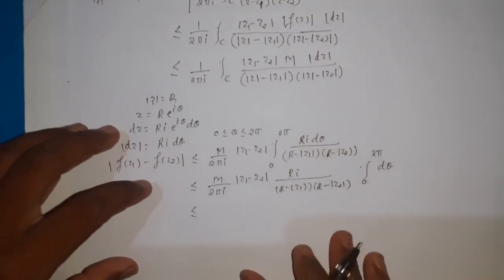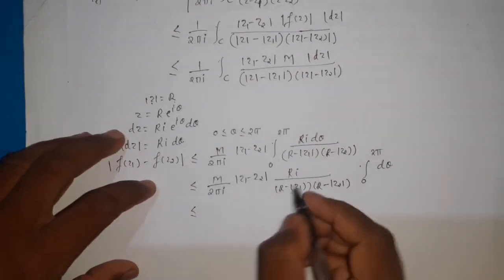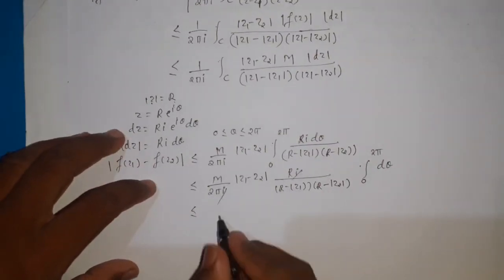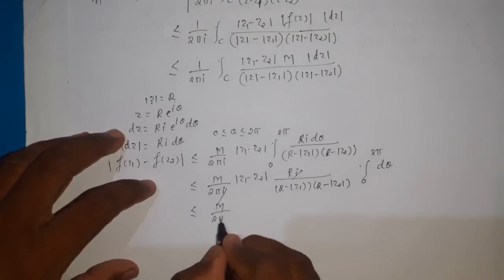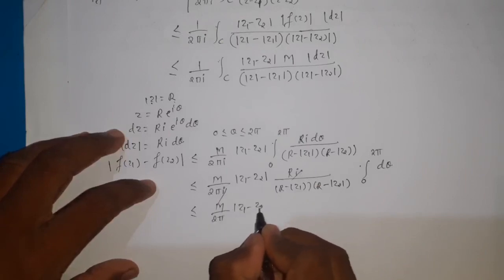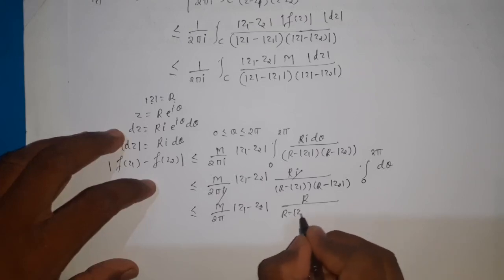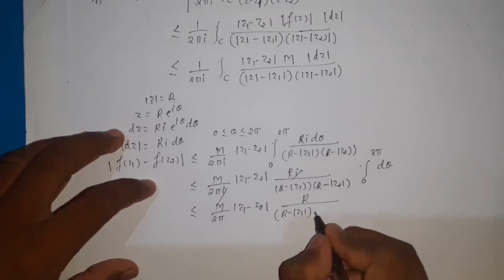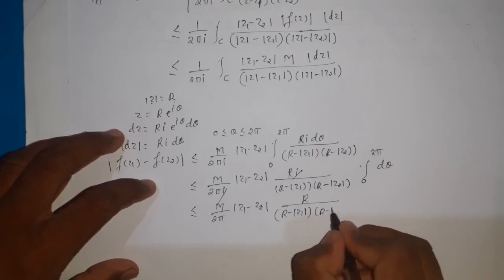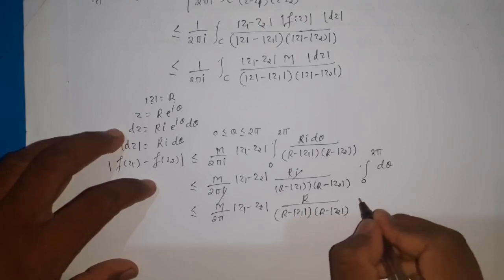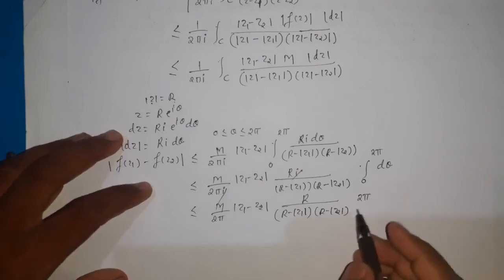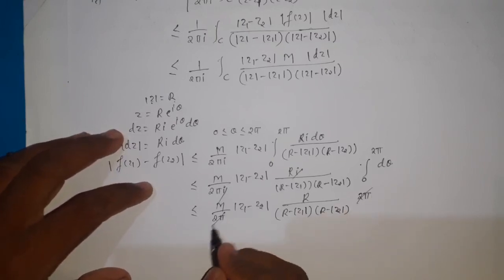Then this is less than or equal to, here i and i get cancelled, M divided by 2 pi i mod z1 minus z2 R divided by R minus mod z1 into R minus mod z2, here its value is 2 pi, so 2 pi also gets cancelled.